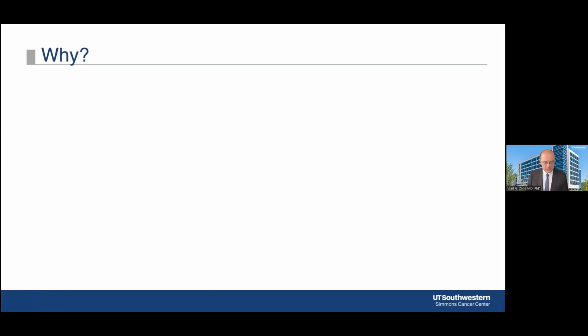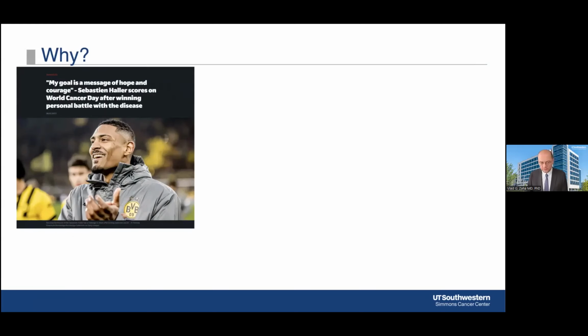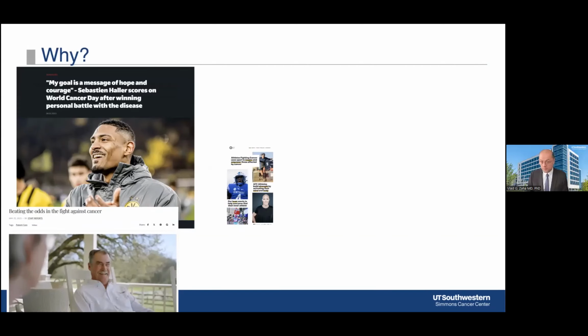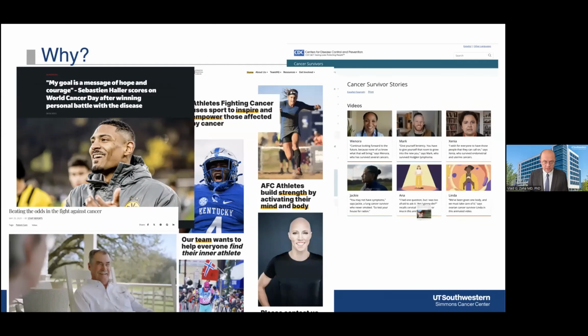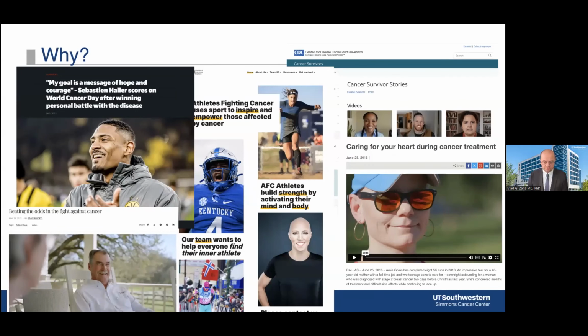So where do we start? We start with survivorship. Why is it important to talk about cardiovascular health in cancer survivorship? It is because with the tremendous progress in cancer diagnosis and cancer treatment, we have numerous stories of success around the world and from our patients into what long-term survivorship means, and reaching the other end of treatment.